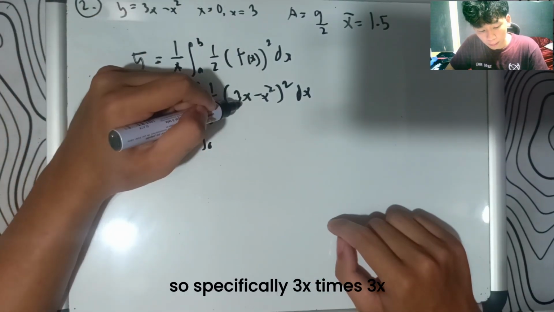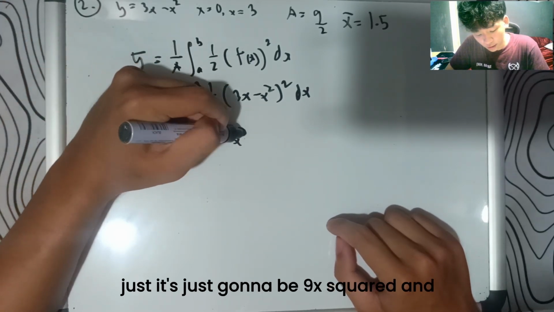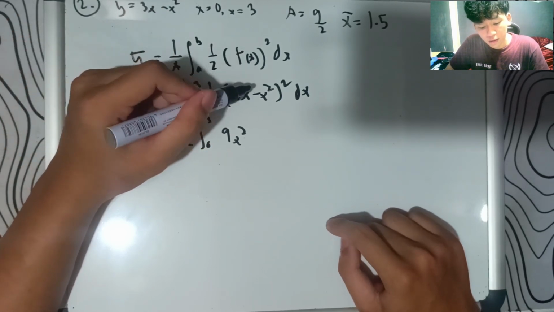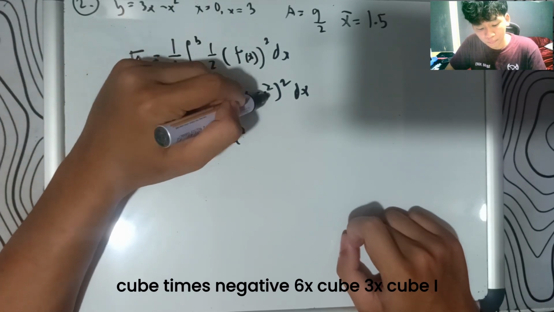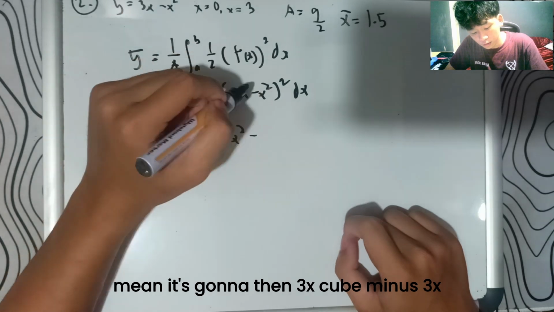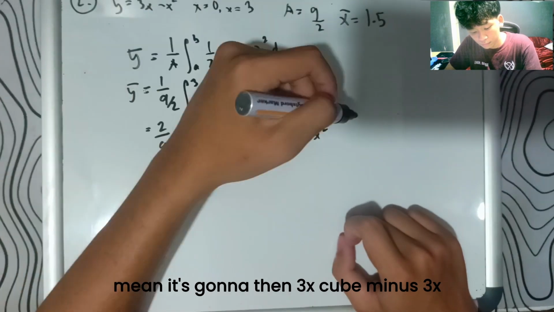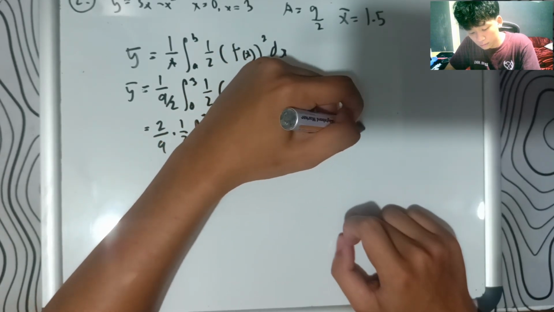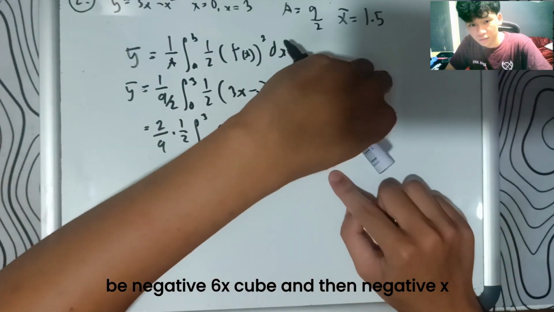Basically 3x times 3x is 9x squared, and then 3x times negative x squared is negative 3x cubed, and twice that is negative 6x cubed.